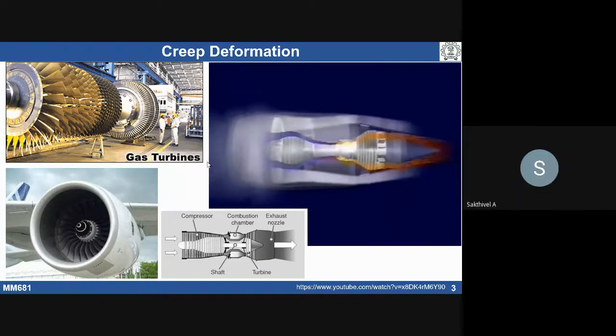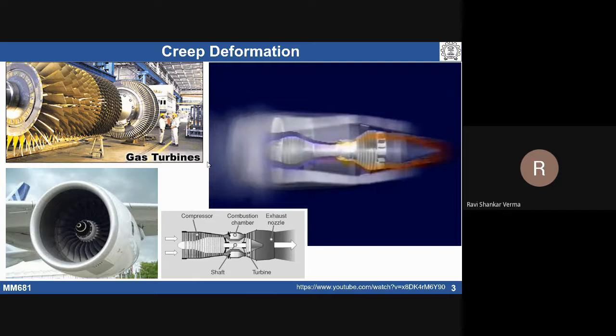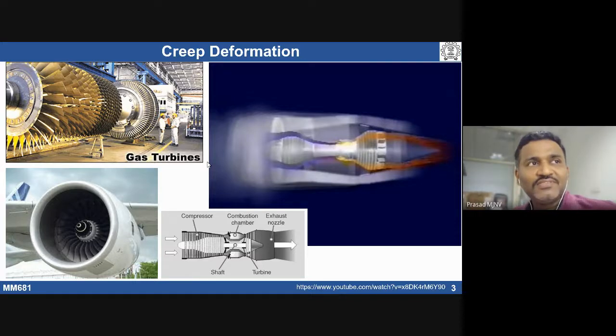Sir, nickel alloy. Nickel superalloys. Titanium. Yeah, what is the melting point of nickel and titanium? Any idea? Nickel superalloy will go till 2000, more than 2500, I guess. No. The melting point itself is 1470 degrees Celsius.